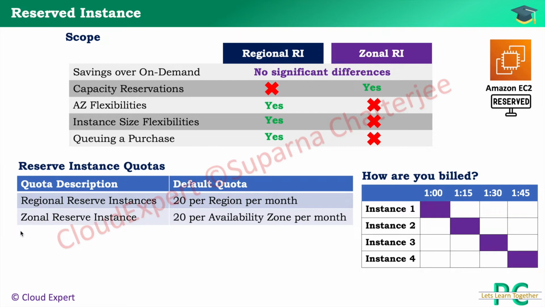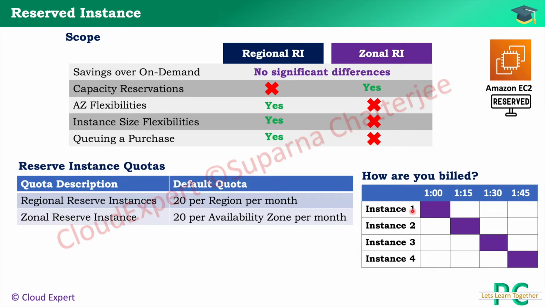Now, how are you getting billed? For example, you have purchased one C4 large reserved instance and you are running 4 C4 large instances concurrently for 1 hour. If you are running all 4 concurrently, one instance is charged on the basis of the reserved instance discount. The other 3 will be charged based on on-demand pricing.